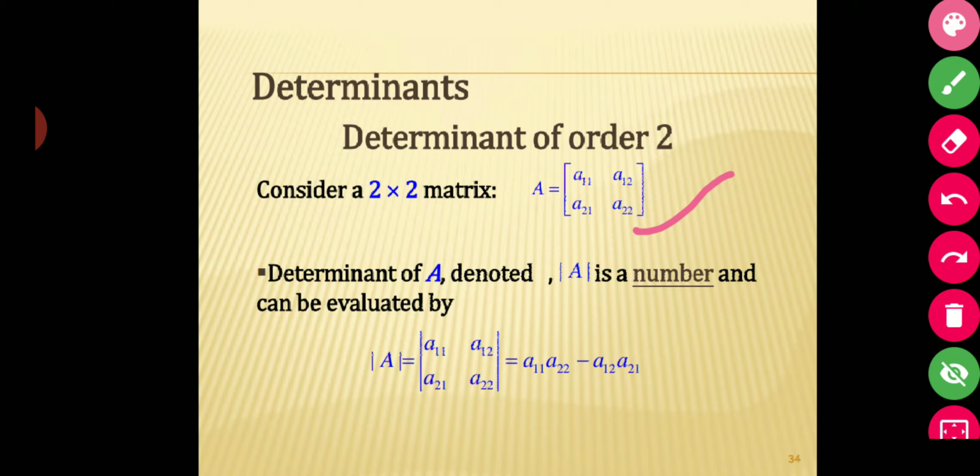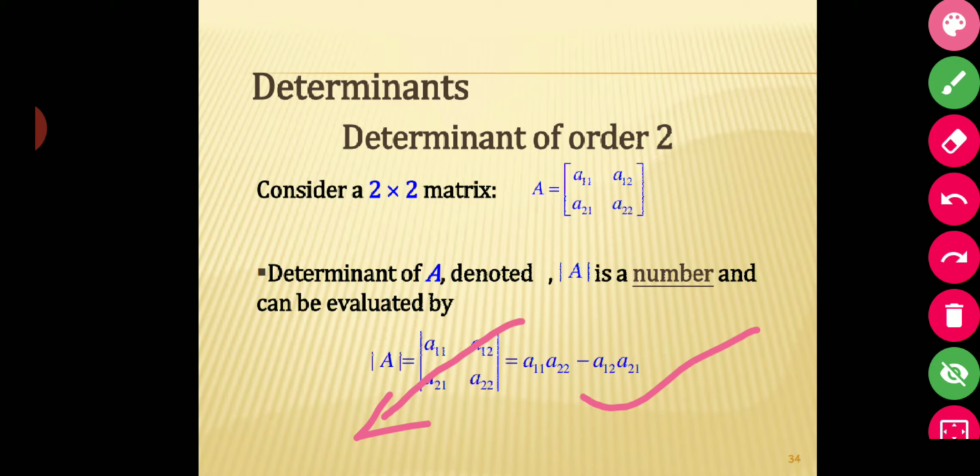The determinant of matrix A is denoted by this symbol, A between two parallel lines. This is read as determinant of A and can be evaluated as follows. First you multiply the principal diagonal elements a11 and a22, and then with a negative sign the other direction.